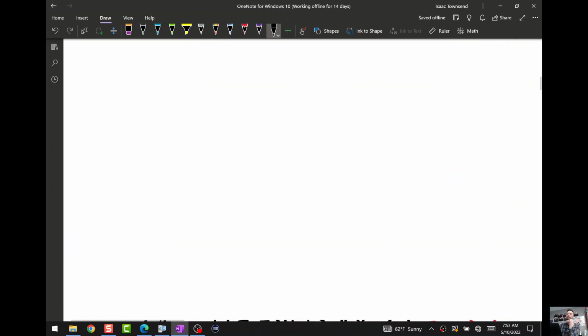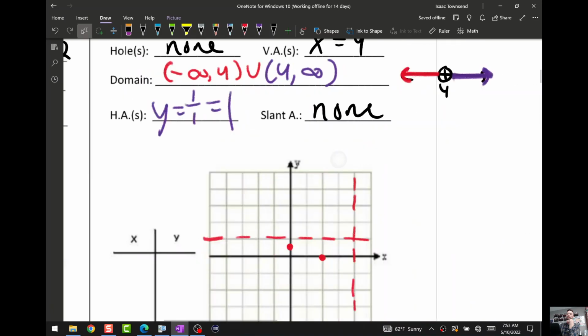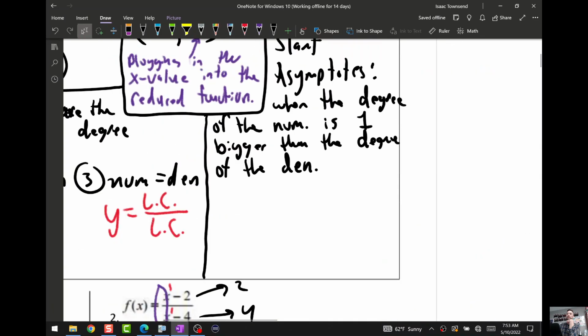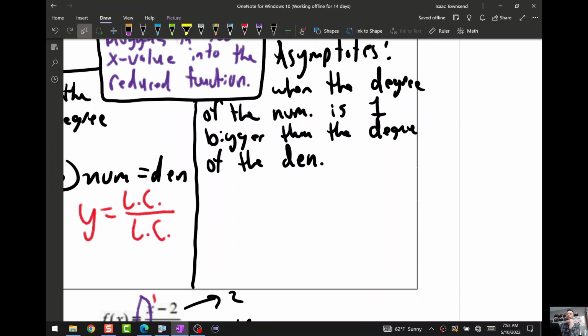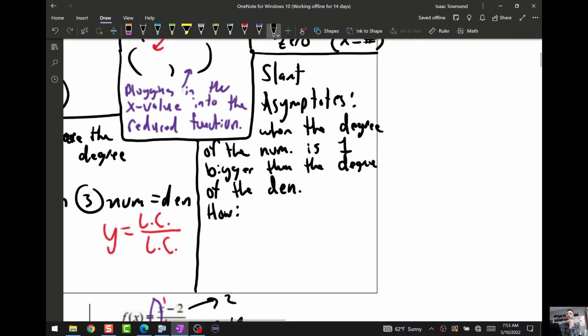So the last part of our notes in this box at least, the how you find it, is we will have to do long division.